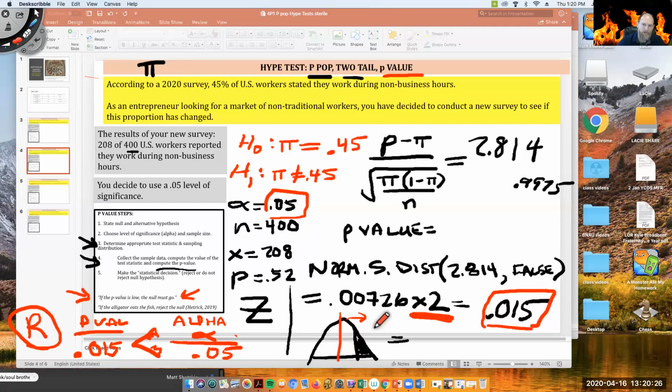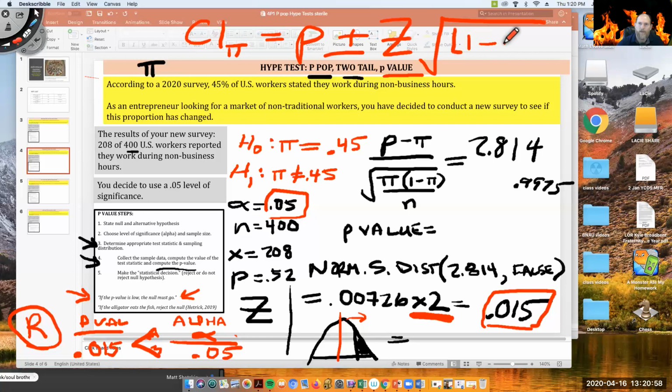The other thing I could do is, now that I've done this, I could go ahead and develop a confidence interval for what I think is the new population proportion. All right. And we'll not so much focus on this today, but remember, my confidence interval for the population proportion is simply p plus or minus Z over all that stuff.